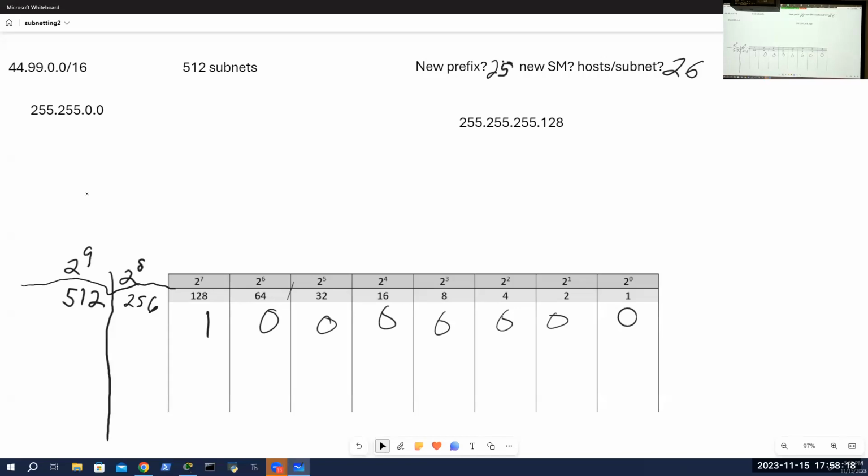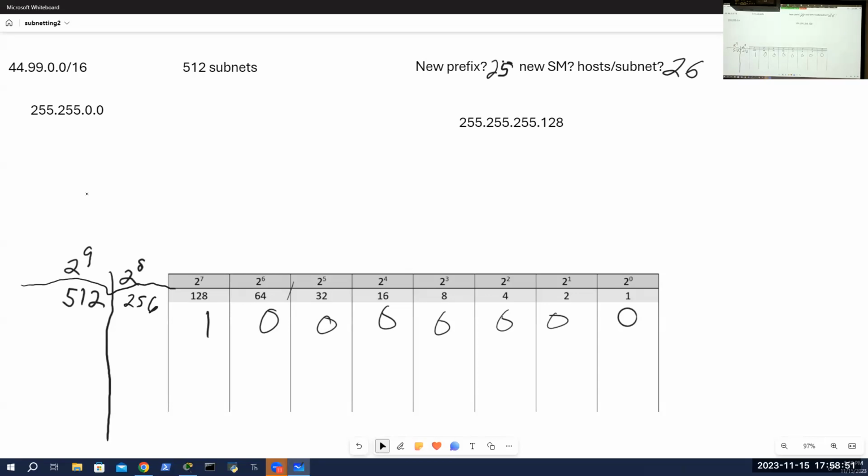So, okay, I think for a lot of people, the thing to do when you're presented with a problem like this, where you're just told to subnet for a particular number of subnets, is write the steps down. Find the power of 2, whatever the superscript is above the 2 that gives you that number.